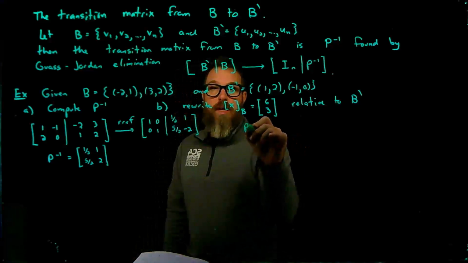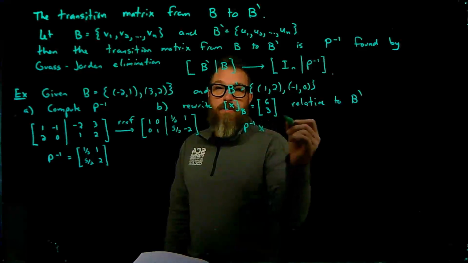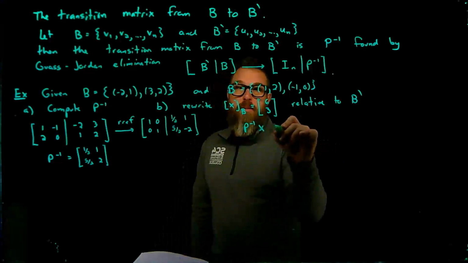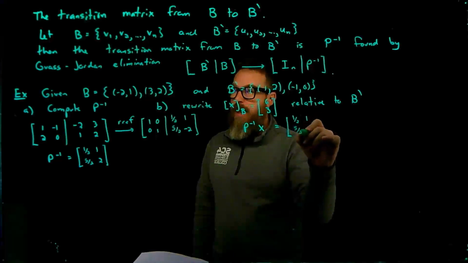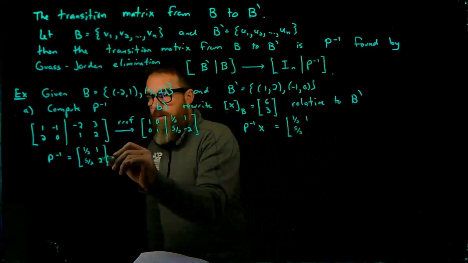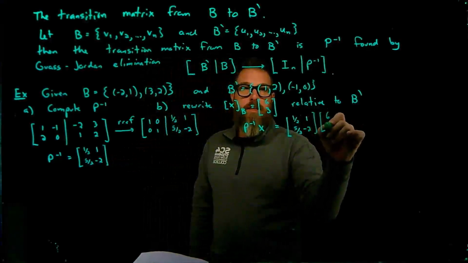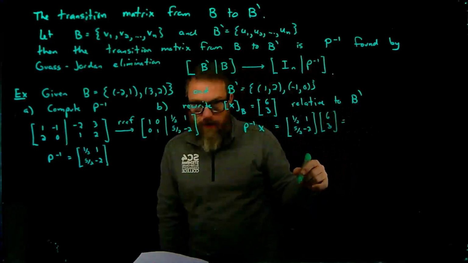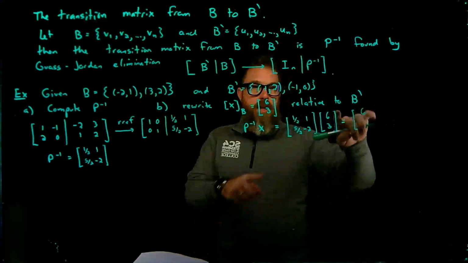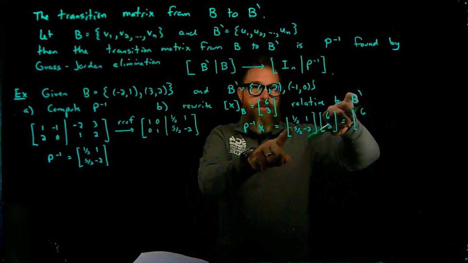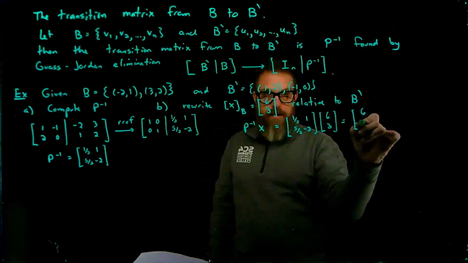So what we know is that P inverse times this matrix X is going to be what we're trying to find. So P inverse being 1/2, 1, 5/2, negative 2, multiplied by 6, 3 is going to give us 3 plus 3, which is 6, and half of 6 is 3, times 5 is 15, minus 6, which is going to be equal to 9.